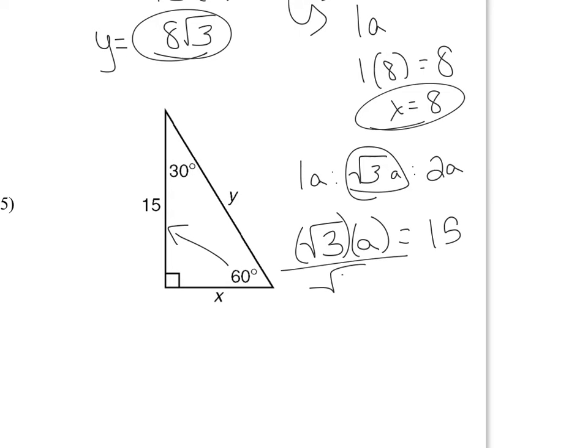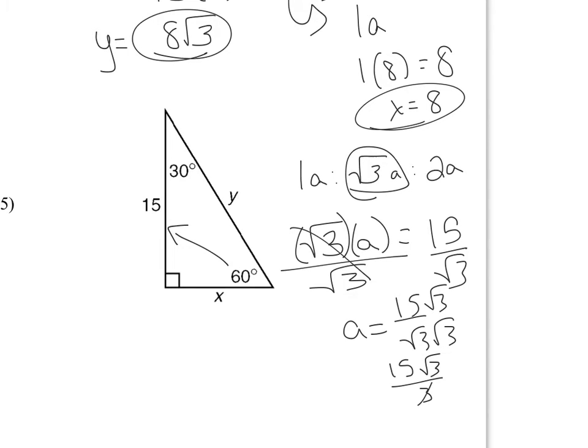So we divide by radical 3, and that tells you what a is. Rationalize. When you rationalize, it's 15 radical 3 over 3. This cancels with this one. 3 goes into 3 once. 3 goes into 15 5 times. So 5 radical 3 is what your a is.